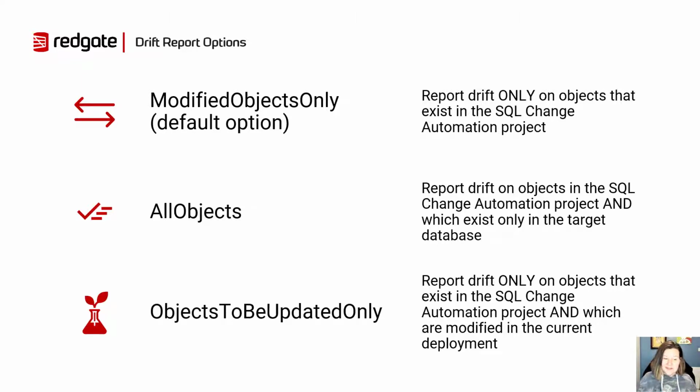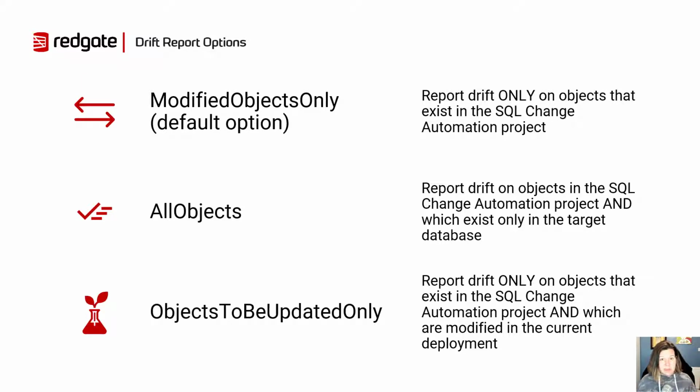Now there's a third option, and this one is new. This one is objects to be updated only. And this one says, I only care about drift on objects that we are modifying in this deployment. So this is the most limited drift option. Most likely the case for when this one's useful is if you've got long-lived environments, like a long-lived QA environment, and you do have multiple teams working in there.